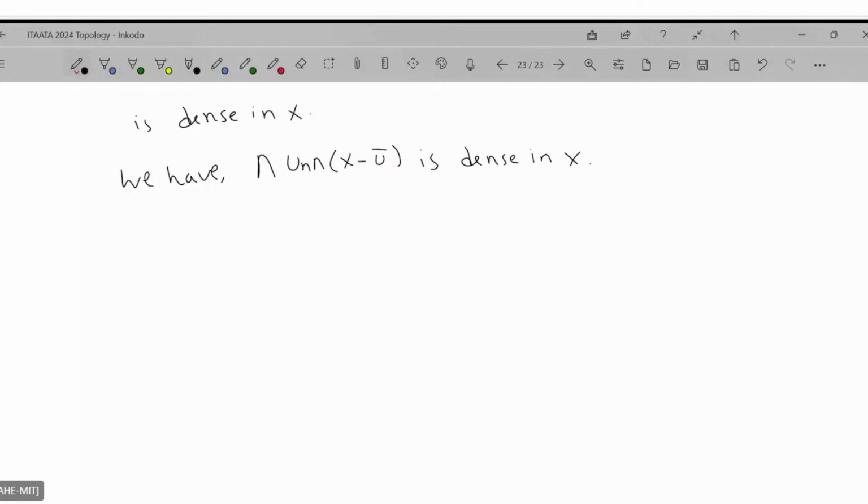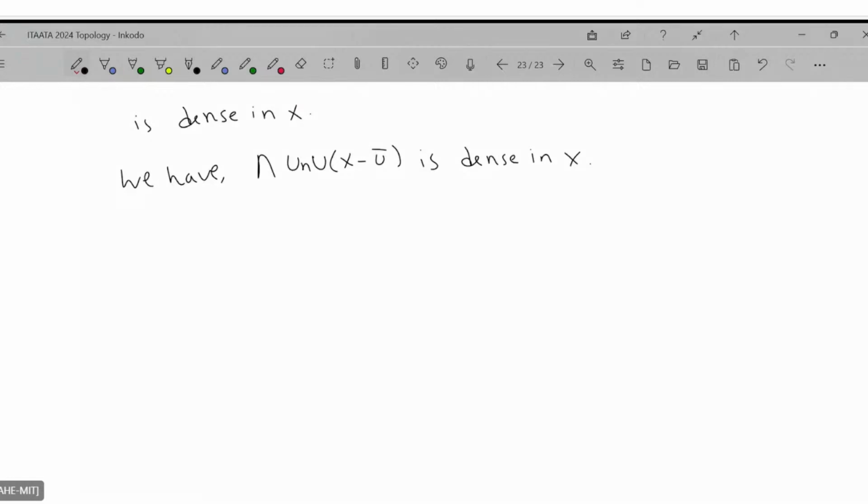Union X minus U closure. Oh, sorry. Got it. If you consider an open set in U, obviously that is not intersecting that part because it is on the other side, correct?